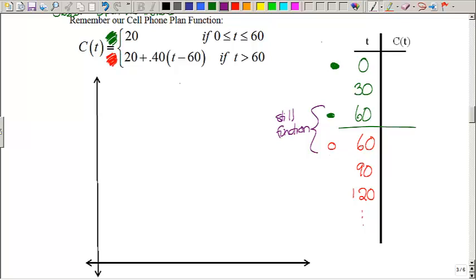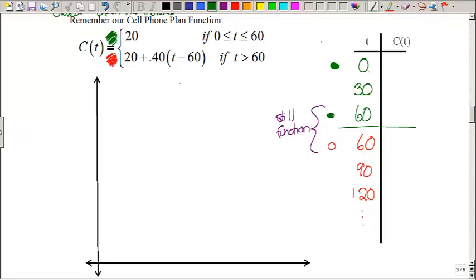So we still have a function intact because this is only a boundary point for the next set of values higher than it. You have to do both the 60 in the green and the 60 in the red because the 60 is the boundary point, but you have to identify one as closed and the other one should be open, although it is still a function.